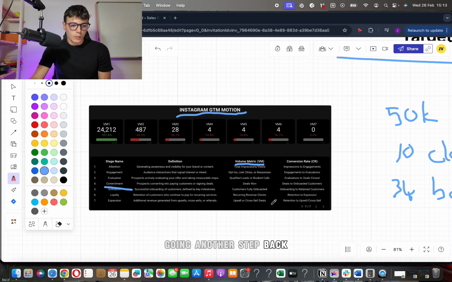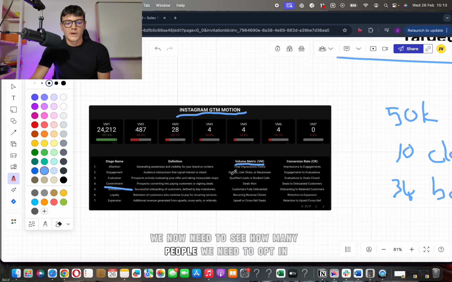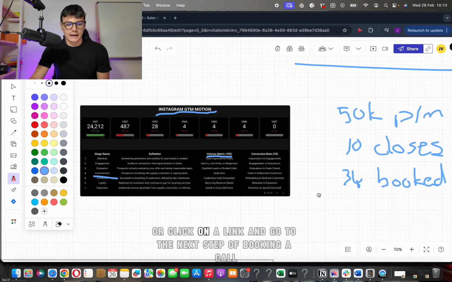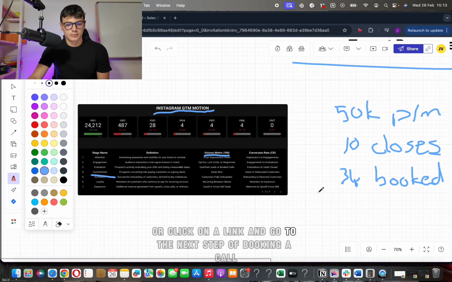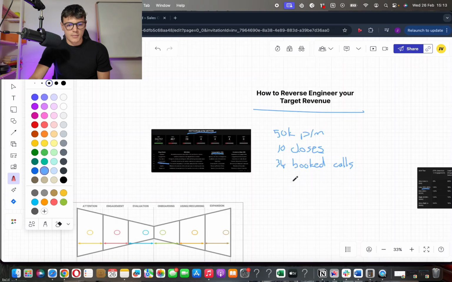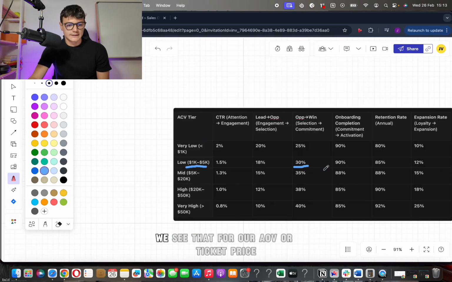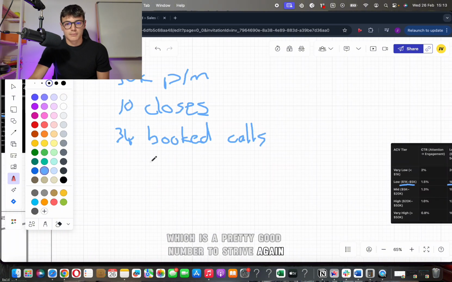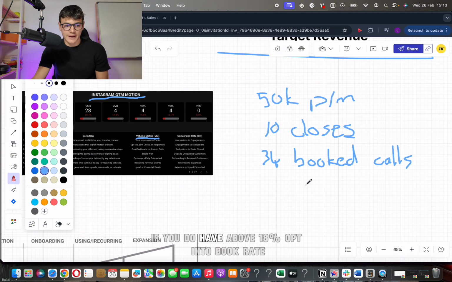Going another step back, we now need to see how many people we need to opt in, respond to something, or click on a link and go to the next step of booking a call. Going back to my little cheat sheet again, we see that for our AOV or ticket price, it's going to be 18% of people, which is a pretty good number to strive for. Again, many people don't have this. If you do have above 18% opt-in to book rate, it's really, really good.